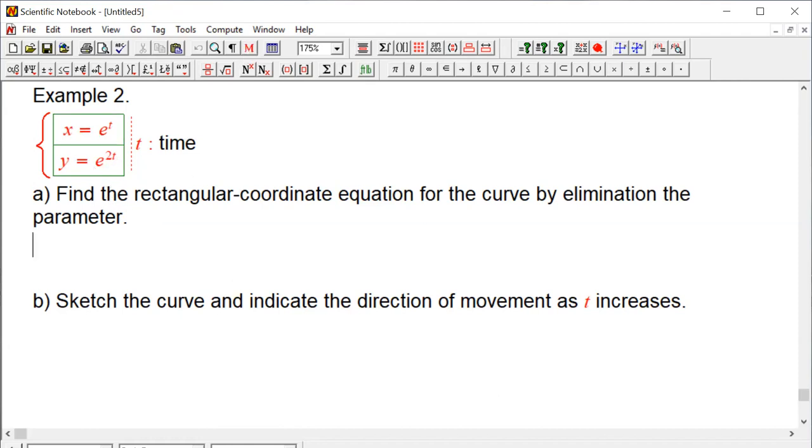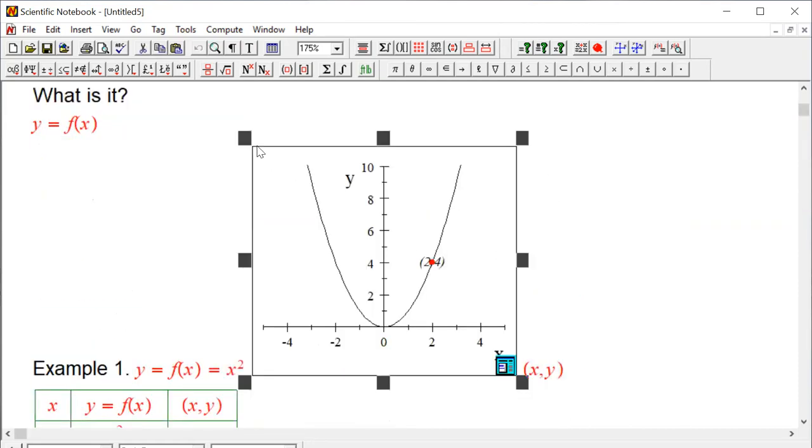Knowing that relationship, e to the power 2t is equal to e to the power t, squared. And e to the power t is x, therefore it is x squared. You see that? So it's really that y equals x squared, and we know that curve for sure from the beginning, that example we did.